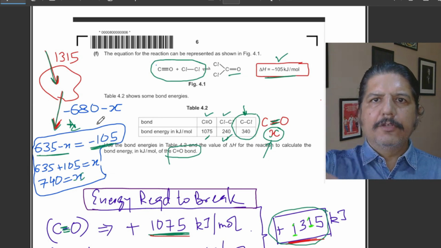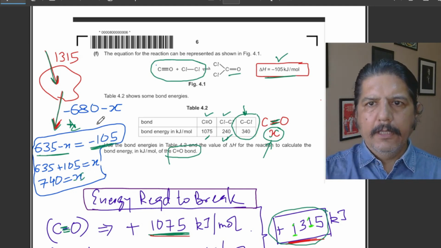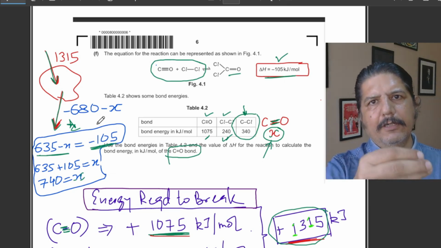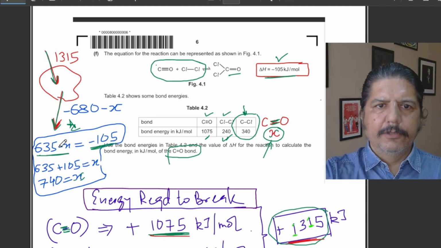The sequence of events remains the same. Whichever bond energy has to be found, assume it to be X and follow the same steps as before. Just in the last step, you equate that X to the given delta H. That is the only thing which is new here.